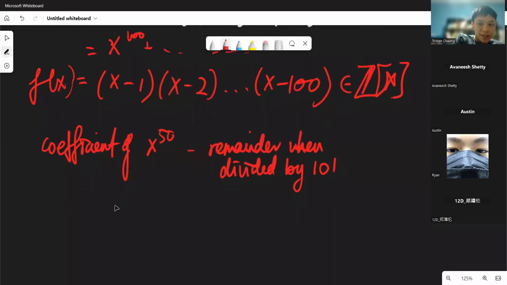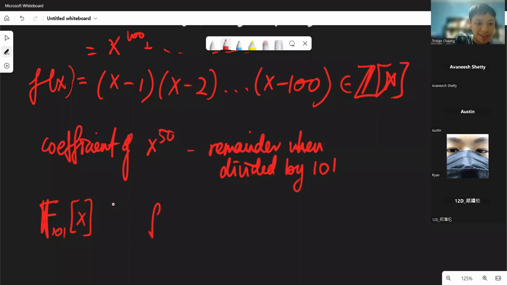Now, if I bring this into F_p[x], sorry, I don't want F_p[x], I want a very specific one, F_101[x], because 101 is prime. So bring this polynomial into F_101[x]. Then 1 becomes the 1 mod 101 integer, 2 becomes the 2 mod 101 integer, 100 becomes the 100 mod 101 integer.